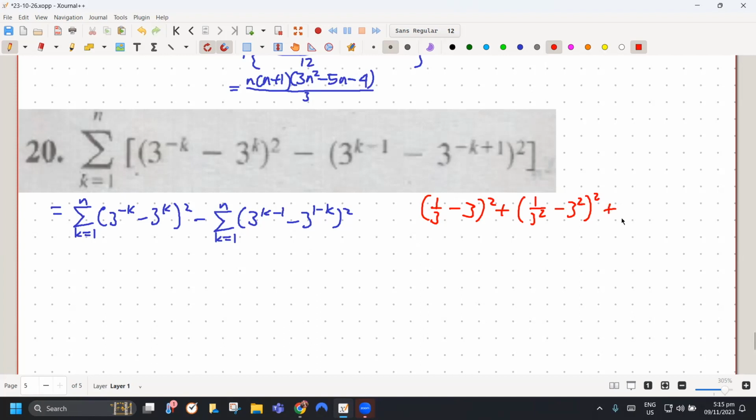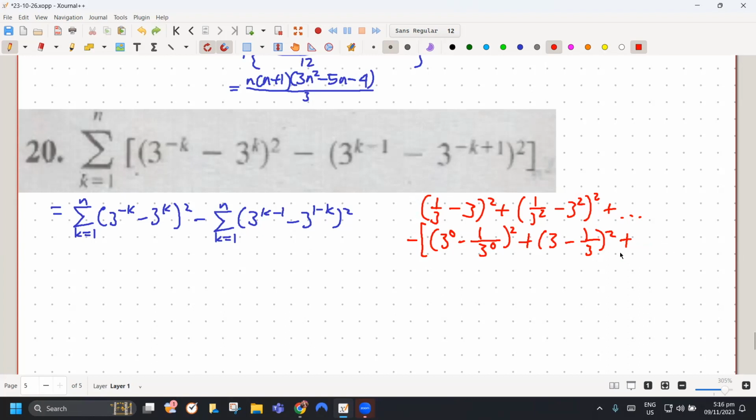Ngayon yung second sum, ano yung first few terms? Square minus. Yung third, isulat mo yung third term.